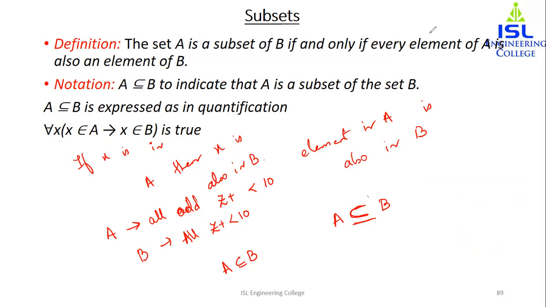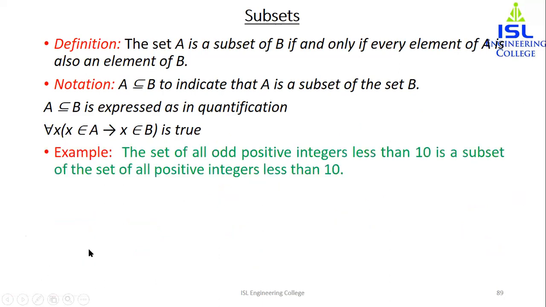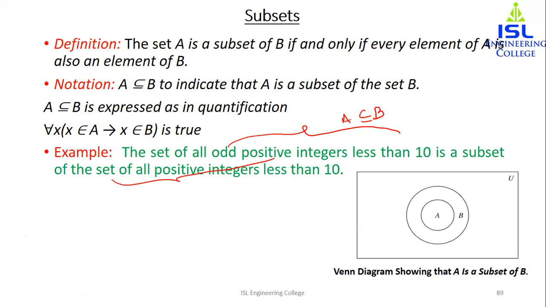Now let's see an example. The set of all odd positive integers less than 10, if we consider this as our A, is a subset of all positive integers less than 10, which is our B. And this is the Venn diagram that I have shown you earlier.